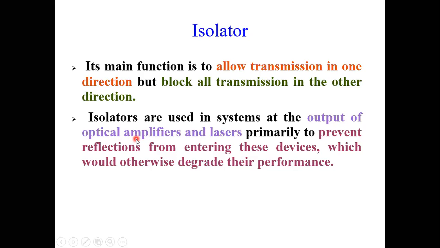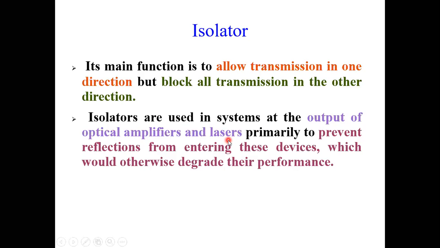Why? Because at the output of the optical amplifier, my signal is already amplified. It has high power. I don't want it to go back towards the source. So I require an isolator so that the signal goes ahead.